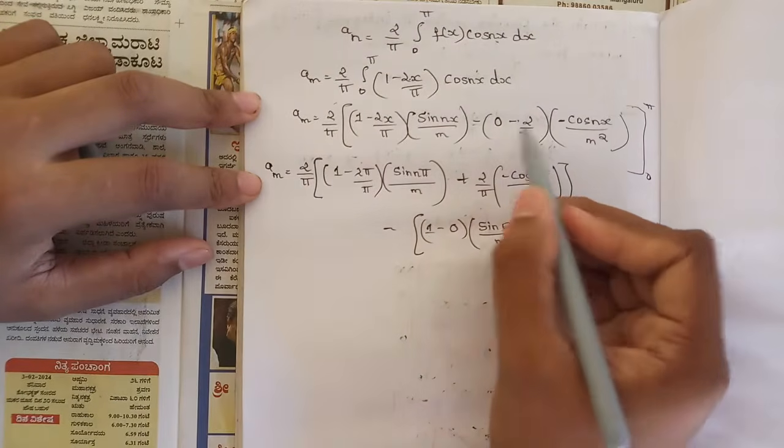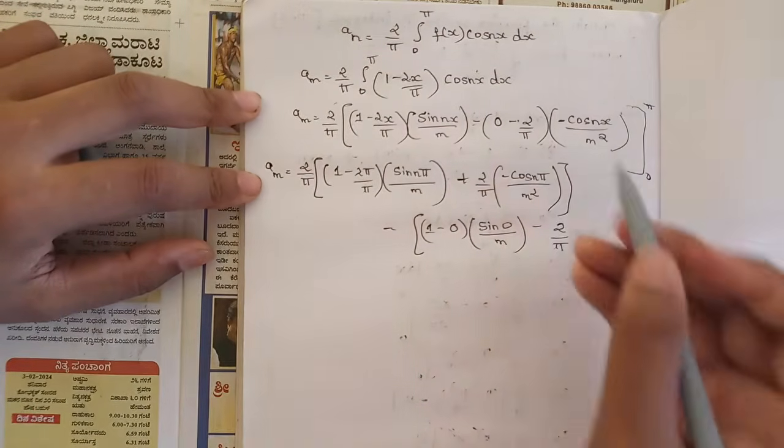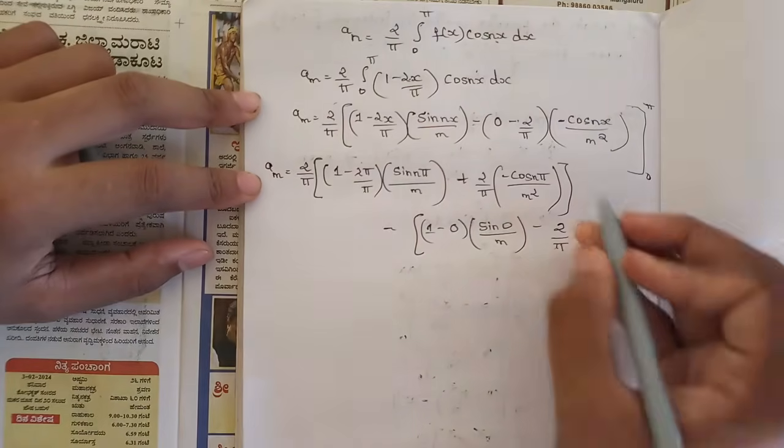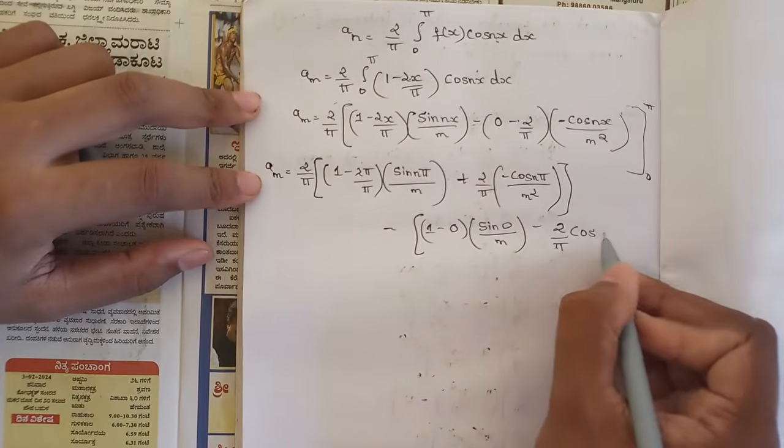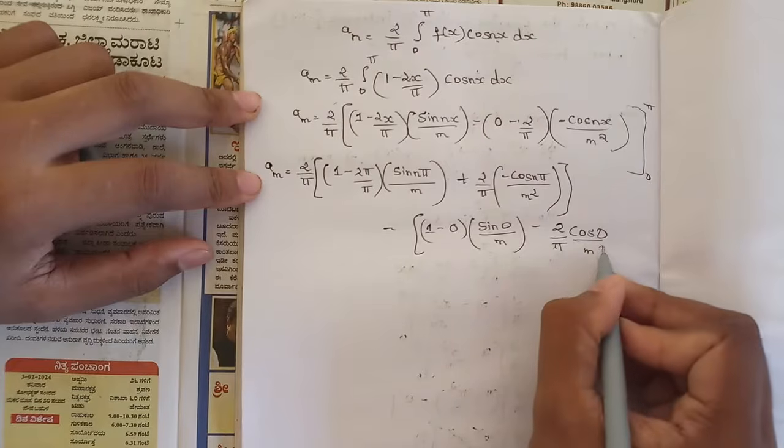The same thing, minus into minus is plus, and plus into minus is again minus, so I have written minus 2 by pi cos 0 by n square.